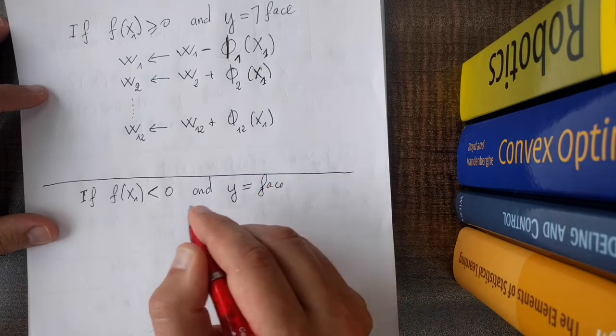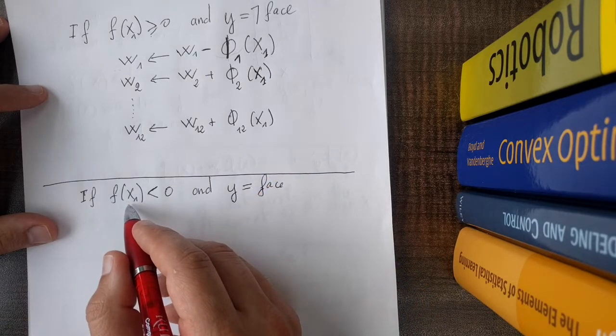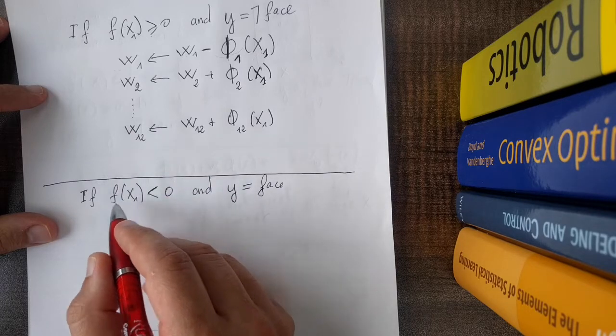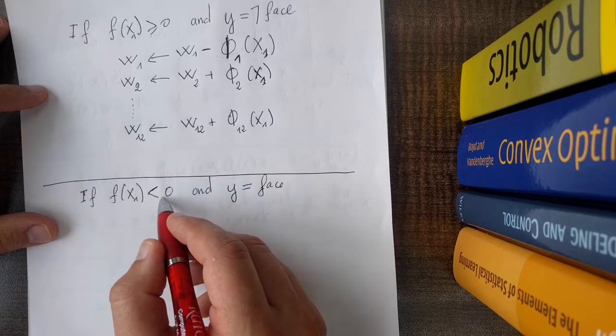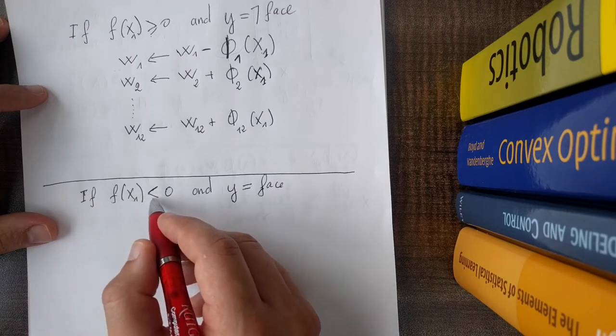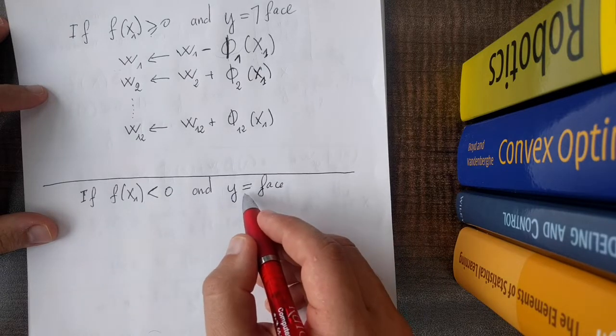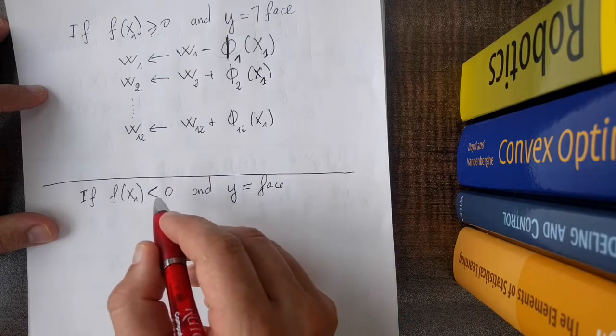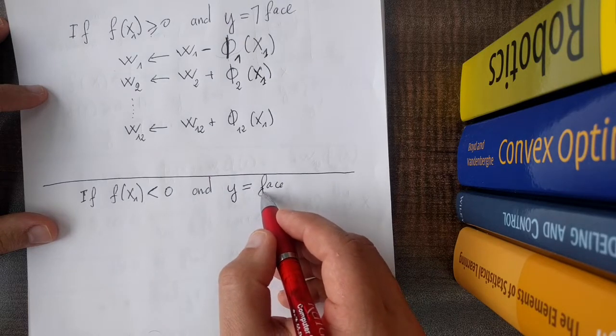So in this case we also need to update the weights of the perceptron, the W's. But since the problem here is that the score is negative, we want to increase its value such that next time we'll maybe get a positive score and match the ground truth data.